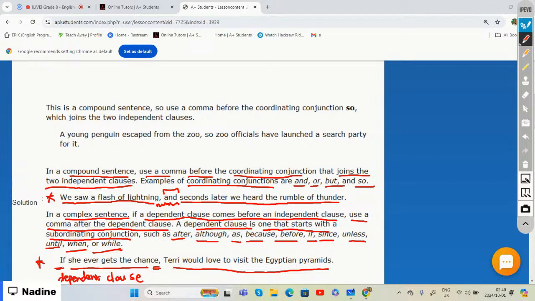And like we said, a dependent clause starts with a subordinating conjunction, which is after, although, as, because, before, if, since, unless, until, when, or while. And that is a compound sentence as well as a complex sentence.